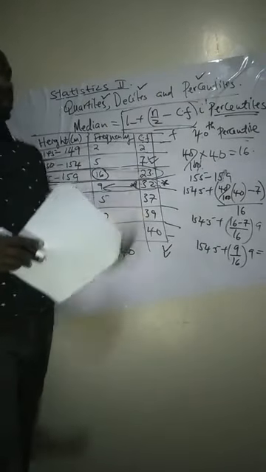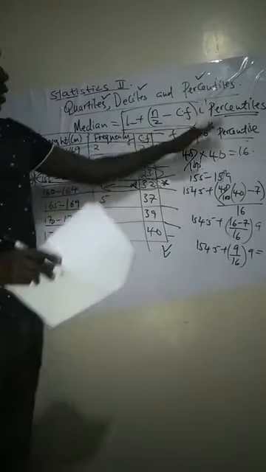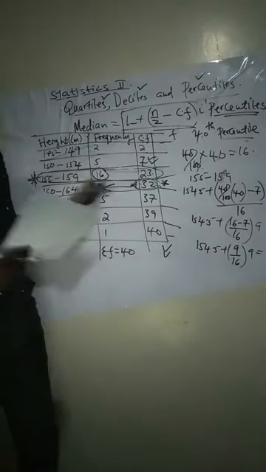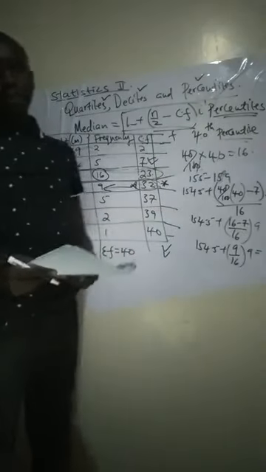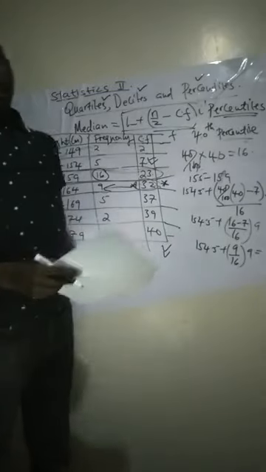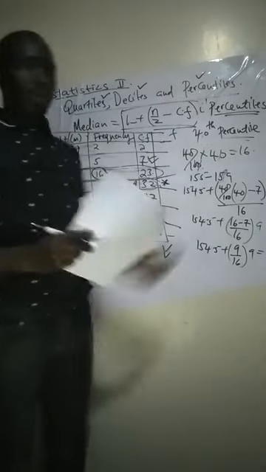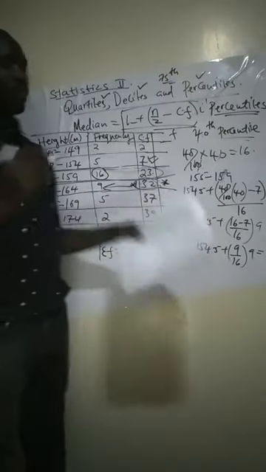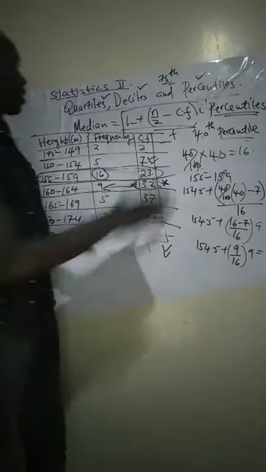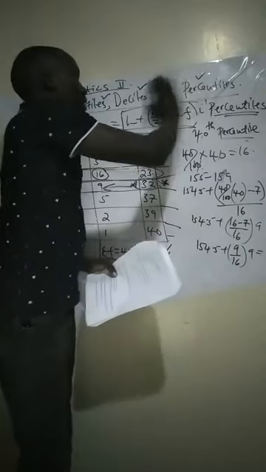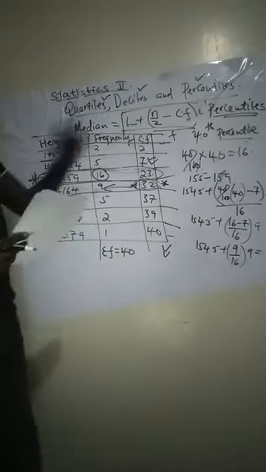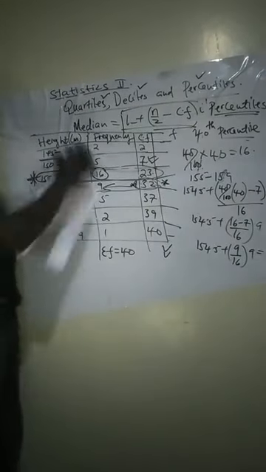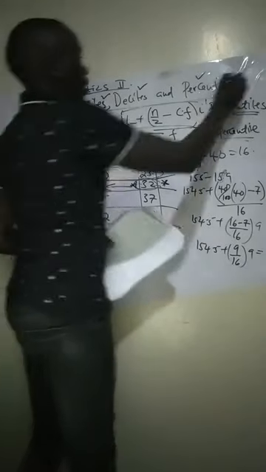In percentiles, we have done the 80th and the 40th, and you can pick any: 20th, 60th, 75th percentile, that is 75 over 100 times the total frequency. You can pick any and get the correct answers.